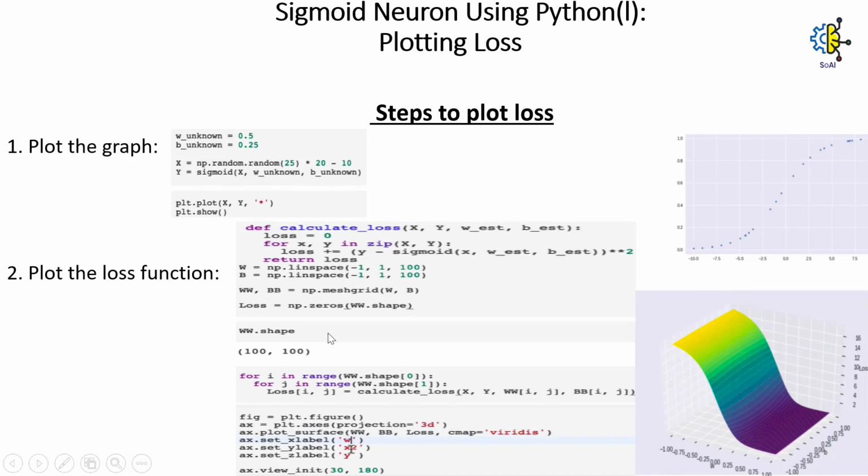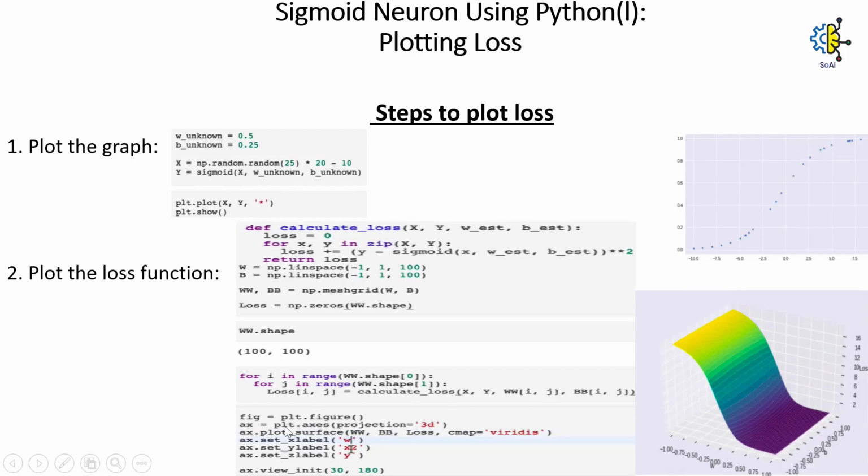When we write ww.shape, it will return the values 100, 100. Now for i in range ww.shape 0 loop, and there is another nested loop in it which will run for j in range ww.shape 1. Here loss i, j is equal to calculate_loss function with parameters x, y, w with i, j, b with i, j.